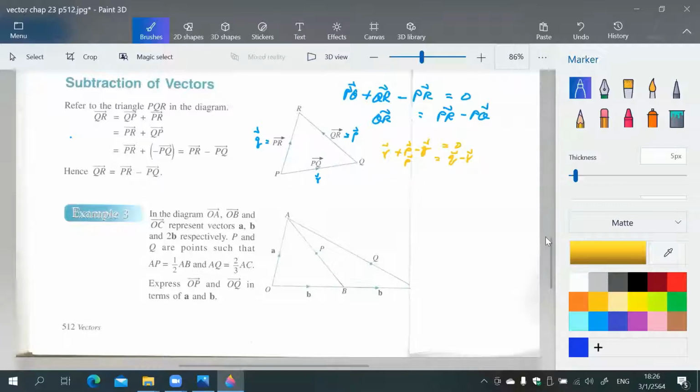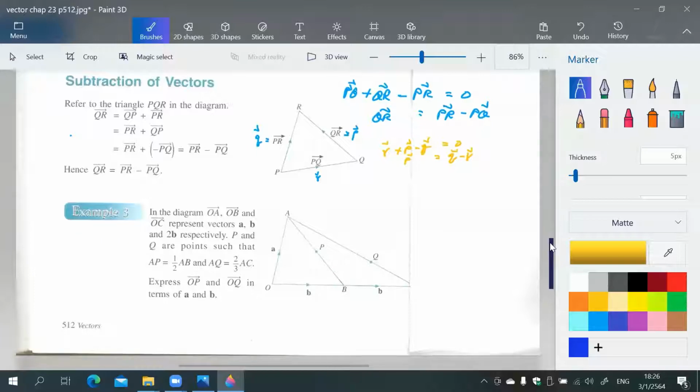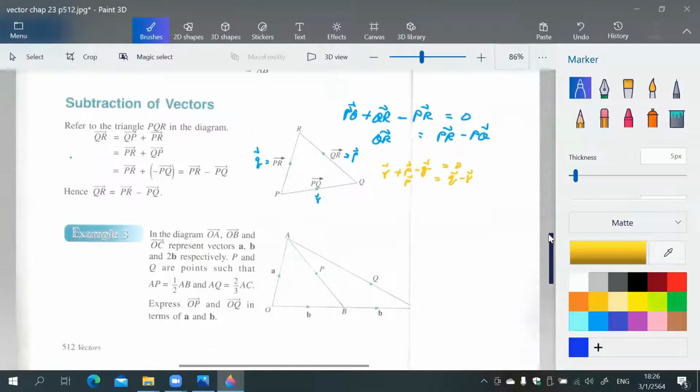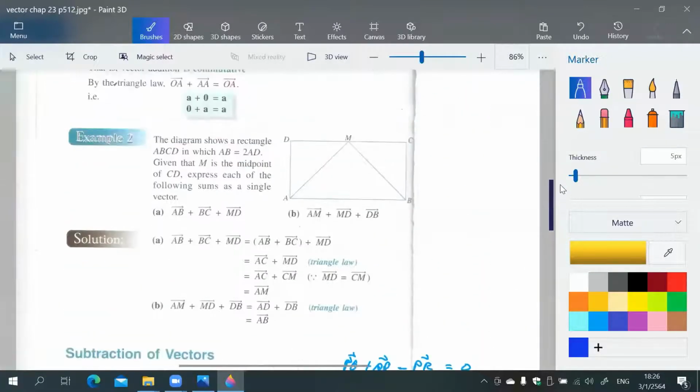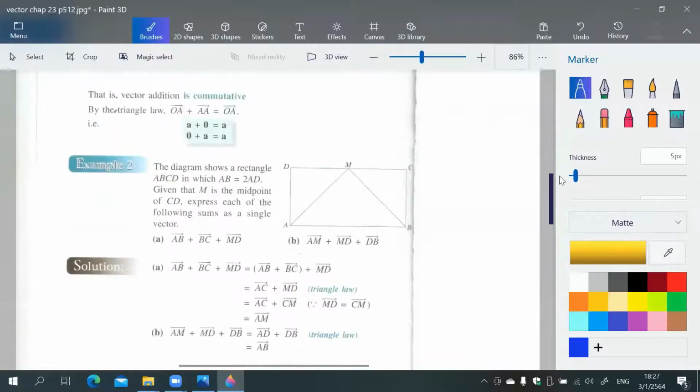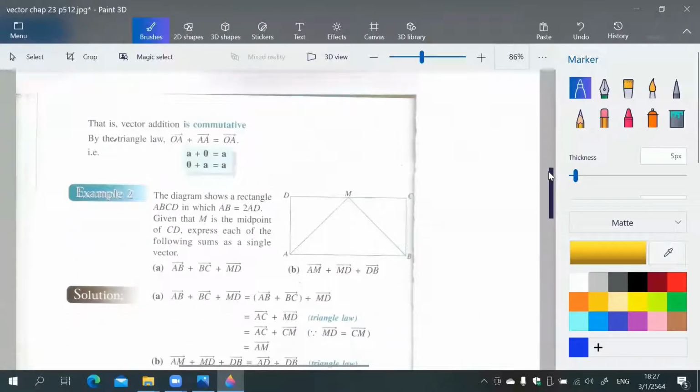Okay, so now I think we finished most of the definitions or formulas. Now we come back to see some examples. See example 2 here. The diagram shows a rectangle ABCD with AB equal to 2 times AD. Again, you see AB and AD represent length, because we don't have the arrow sign on top of AB and AD.